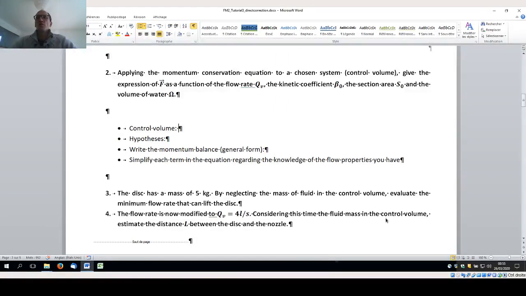As a general concept, what you will always do in this course is simplify the writing of this momentum balance, and you will choose a fixed control volume. This is a control volume which is not evolving as a function of time.